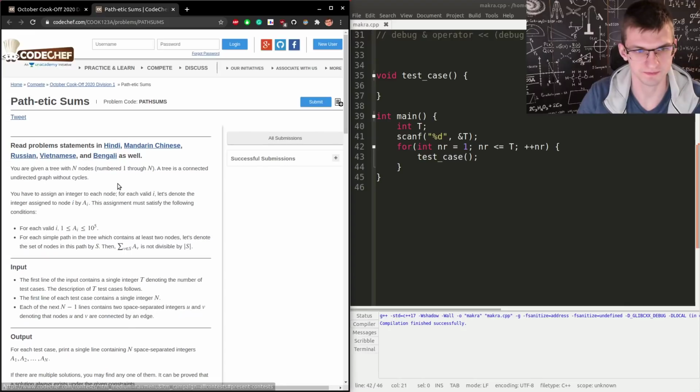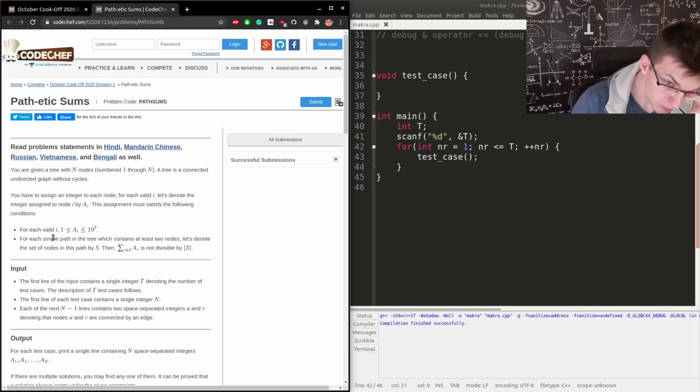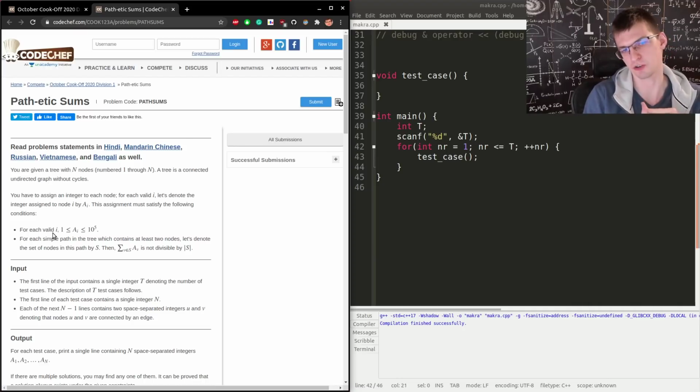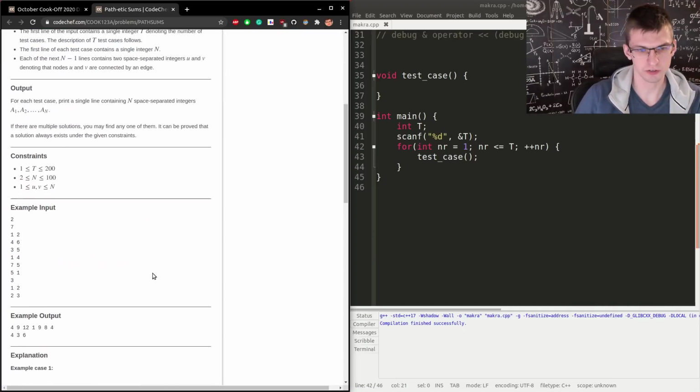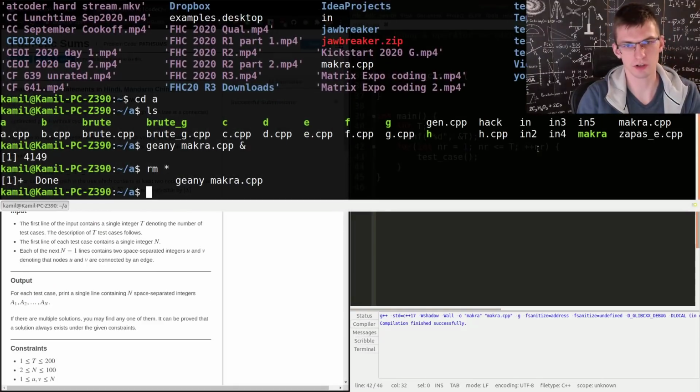Path-etic Sums. Given a tree, assign an integer to each node such that the sum of values is not divisible by the number of them. So two neighbors cannot have the same parity. Are there test cases? Yes, so this will be correct.